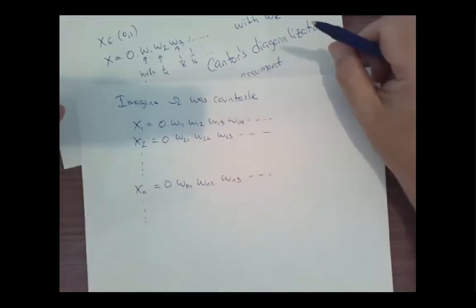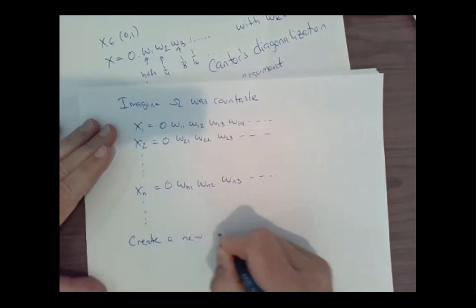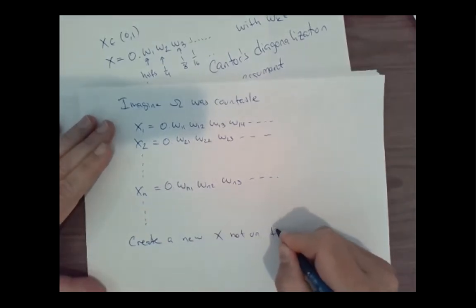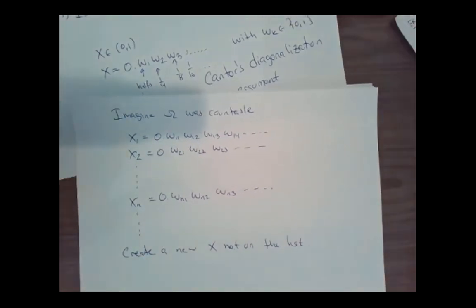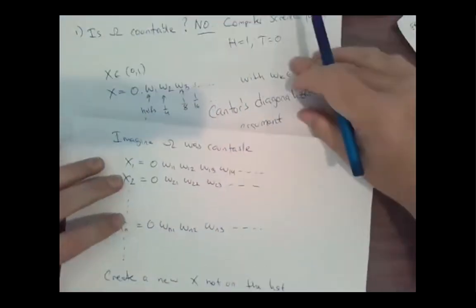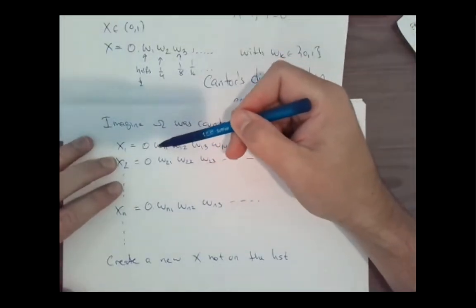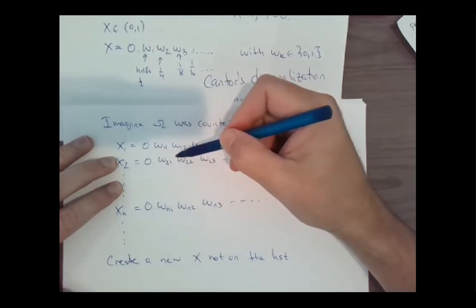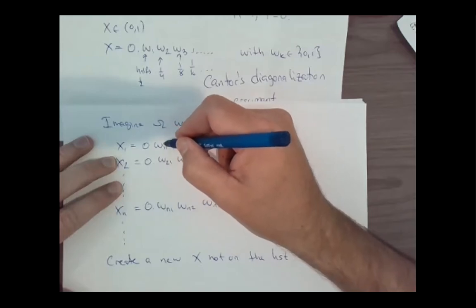And then he says, okay, let me create a new x, not on the list. This is why it's called the diagonalization argument. He says, this omega 1,1 is either going to be 0 or 1. If it's 0, you flip it to 1.